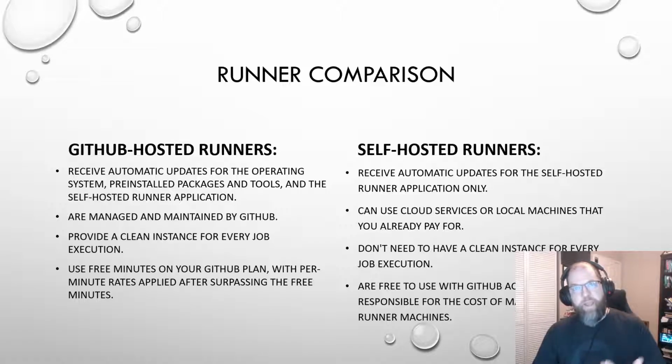It could be, hey, just build the differences. Those are options. You do get some free minutes on the GitHub plan, and we can talk about some of the billing on the plan if we need to. But yeah, you can use as many runners as you want, free to use with actions.